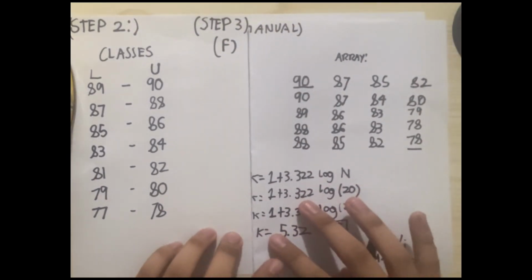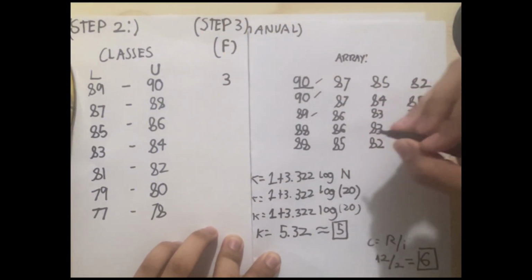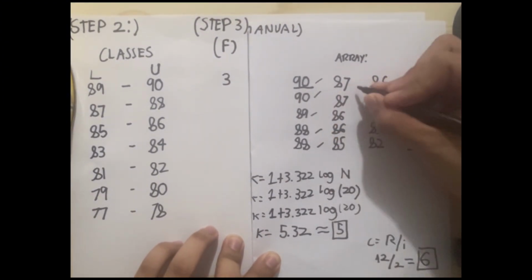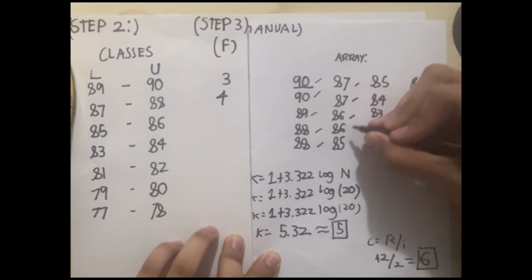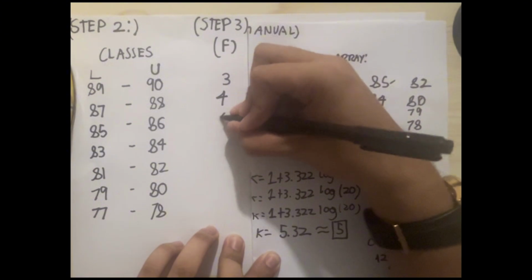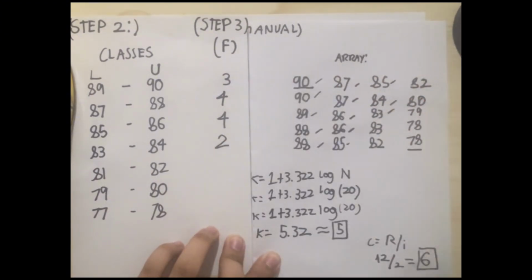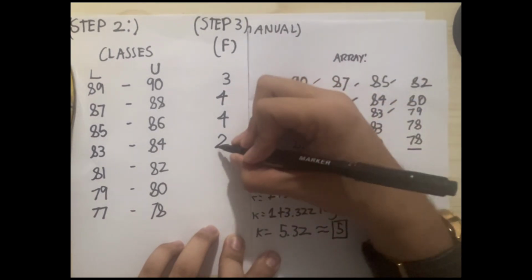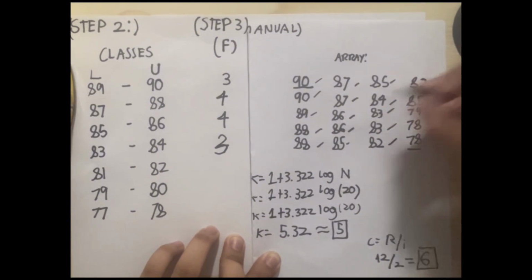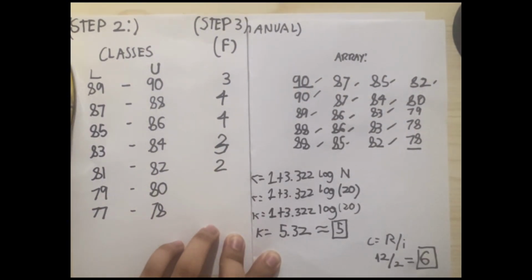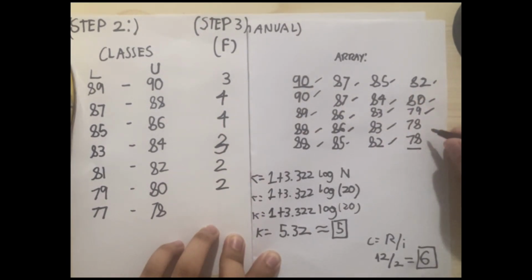So 89 to 90, 1, 2, 3. 87 to 88, 1, 2, 3, 4. 85 to 86, 1, 2, 3, 4. 83 to 84, 1, 2, 3. 81 to 82, 1, 2. 79 to 80, 1, 2. And 77 to 78, 1, 2.